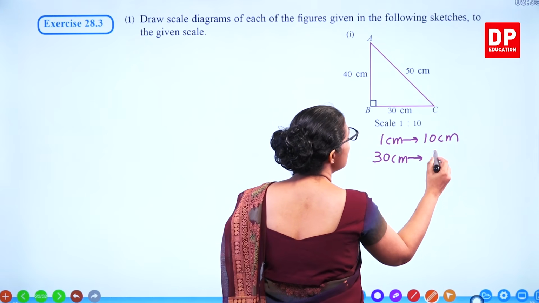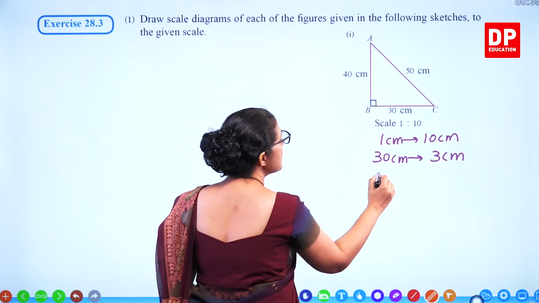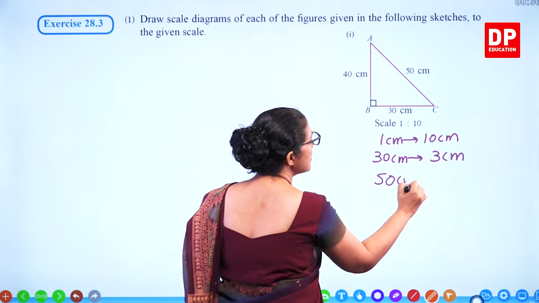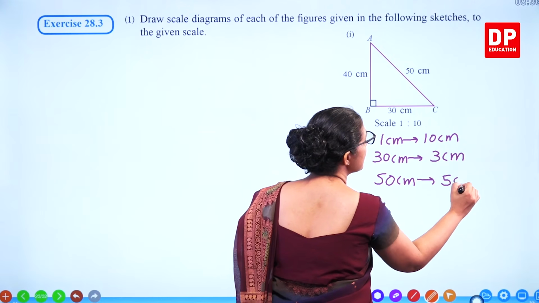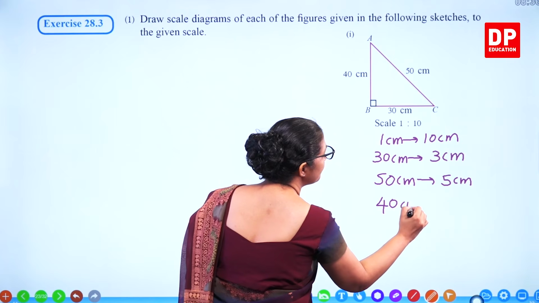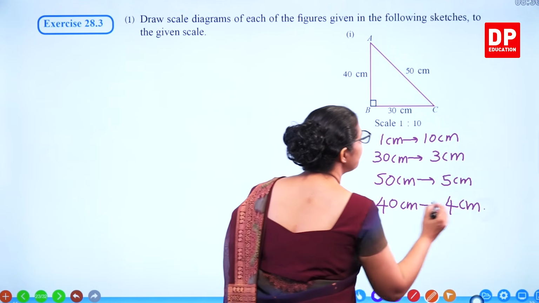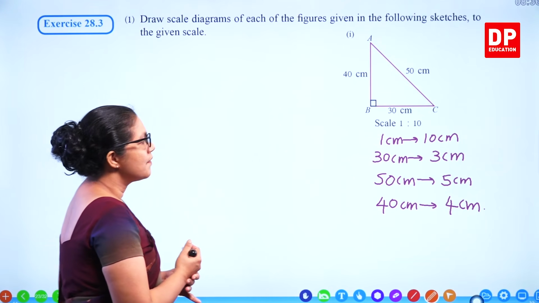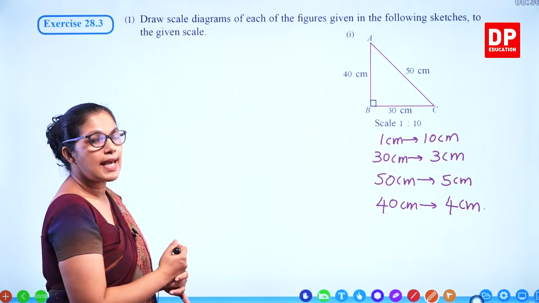So you need 3 centimeter length. 50 centimeter means you need divide by 10, 5 centimeter length. And 40 centimeters means divide by 10, that's 4 centimeter length. So you need 3, 5, 4 lengths to draw the scale diagram.